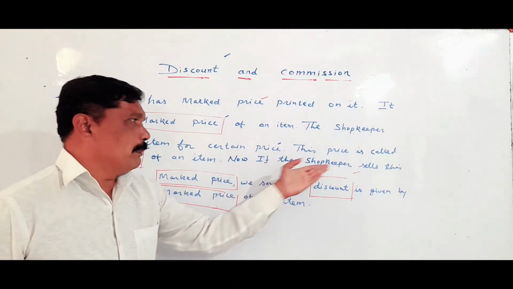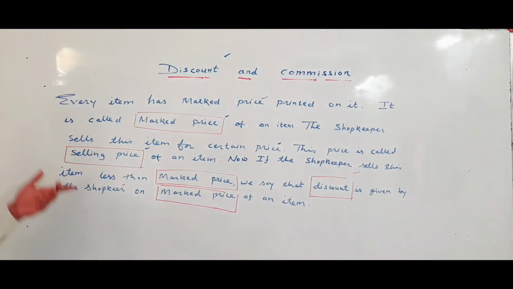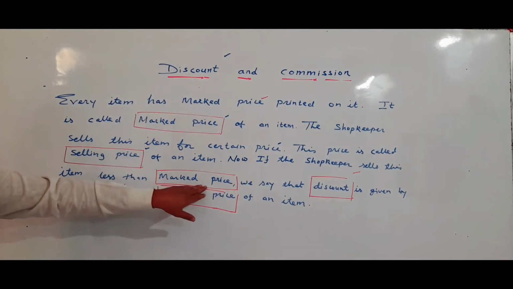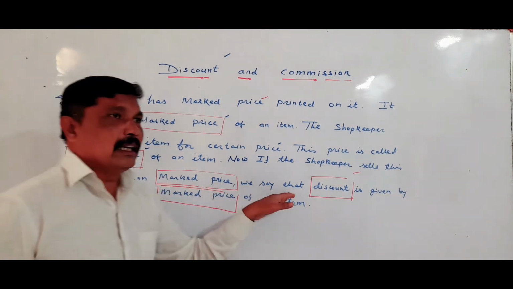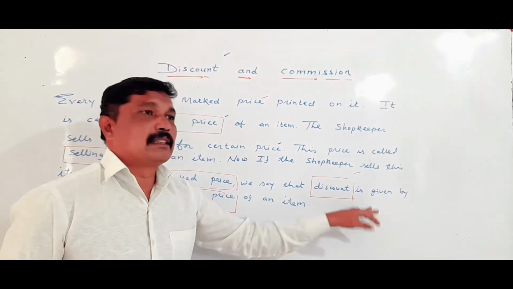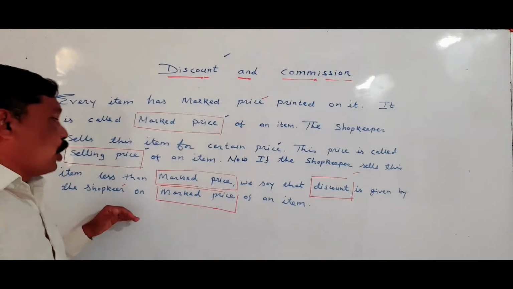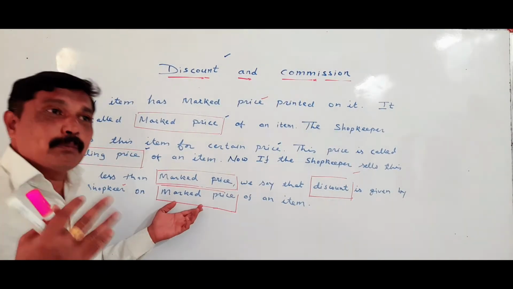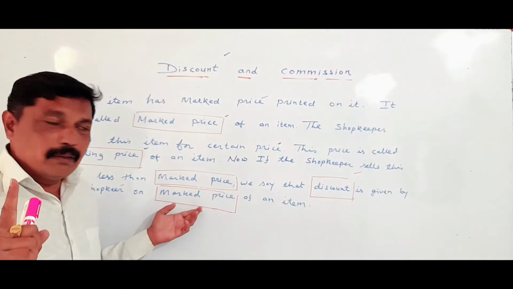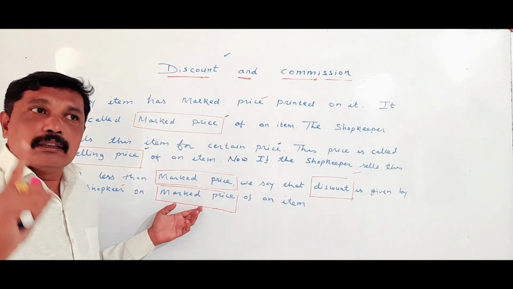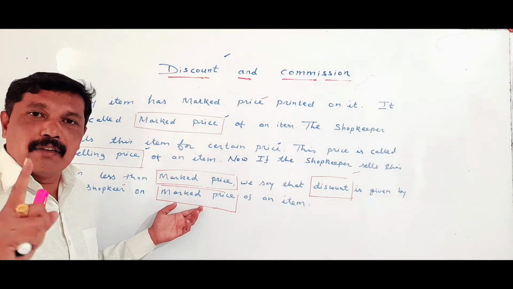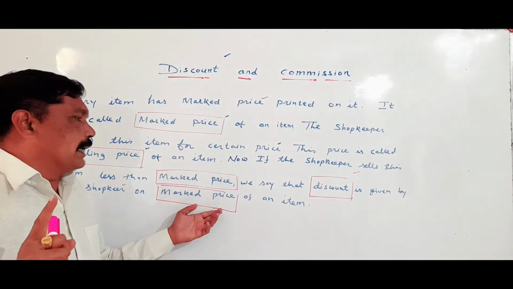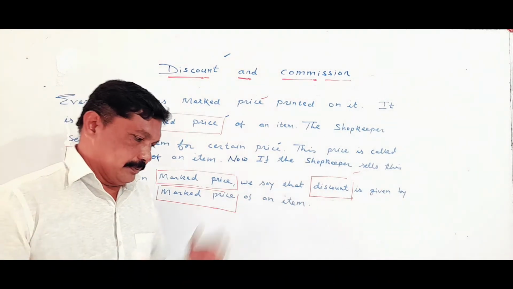Now, if the shopkeeper sells this item less than the mark price, we say that discount is given by the shopkeeper, but this discount is given upon mark price. So one thing you have to always keep in mind is that discount is always given upon mark price of an item.